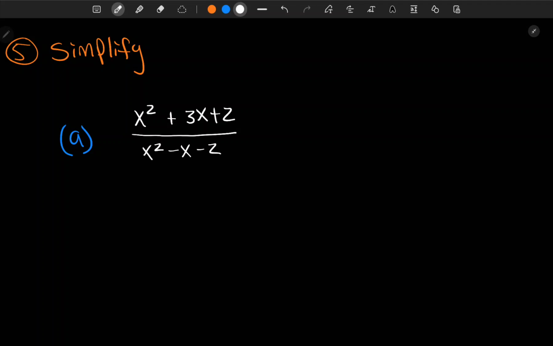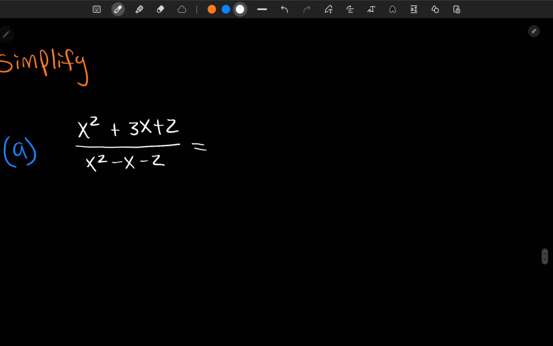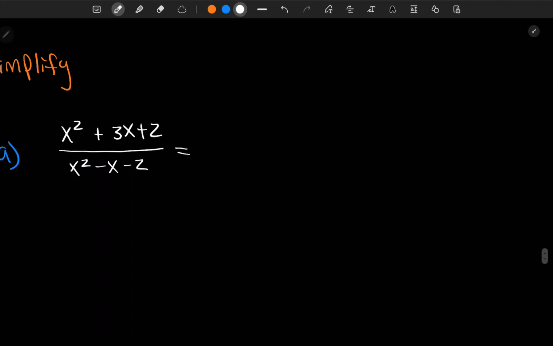So how do you divide these? Well, there's, of course, long polynomial division, or you can factor these two as we did above and see where you get. So let's try the latter. Here, the numerator becomes (x + 2)(x + 1).